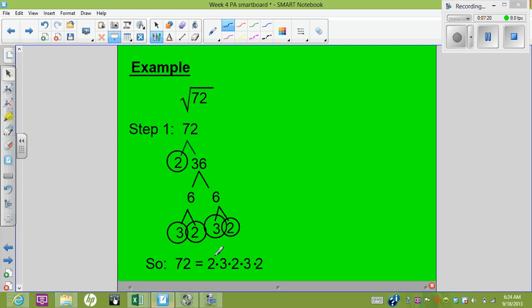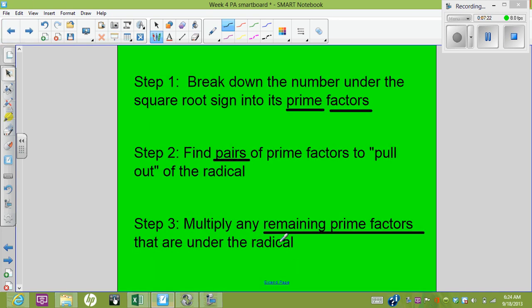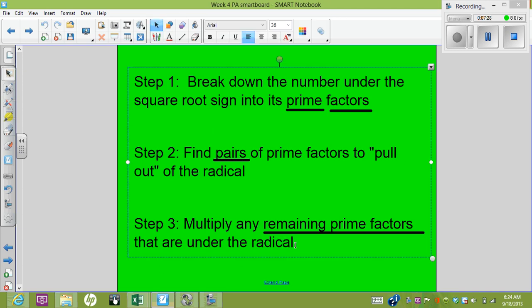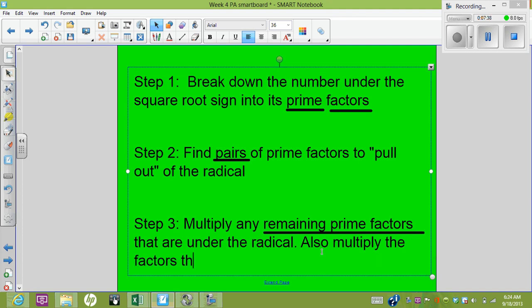Let's take a look at what step 3 says. Step 3 says to multiply any remaining prime factors that are under the radical. But I think I need to add something to step 3 in order to really finish this off. Also, multiply the factors that you pulled out of the radical.